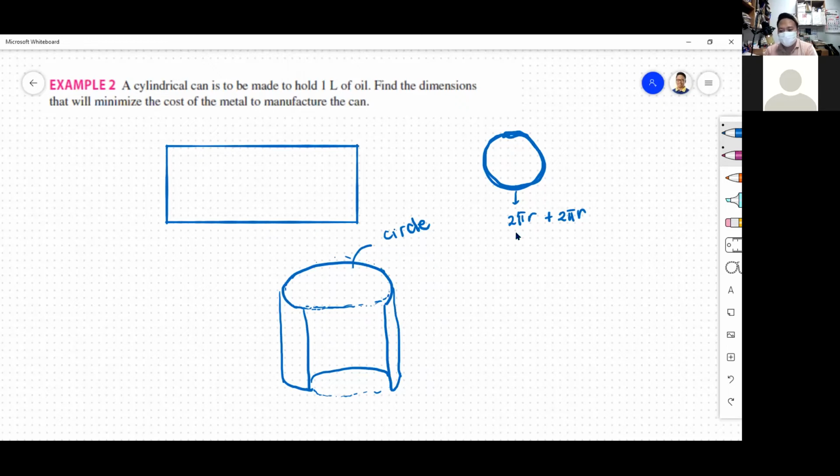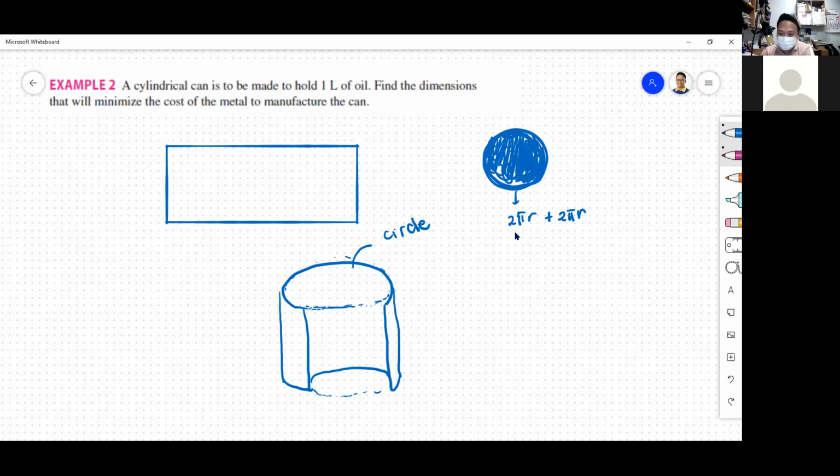Okay. Karon, guys, if imong hunahon, ang imong i-consider ana is ang side lang sa circle. Tama, that's 2 pi r. Pero technically, you are making a can man. So dapat dili na siya buslot dira sa tunga. Agree? Unsa may mahitabo sa formula karon from circumference?